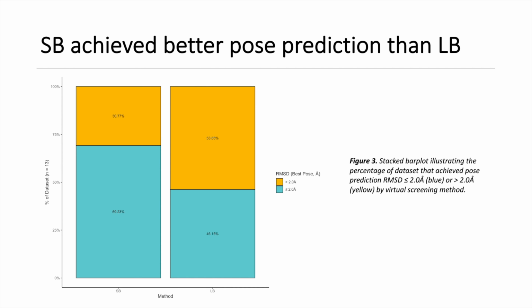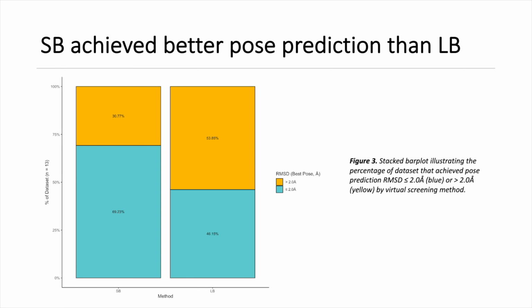In further detail, the percentage of the dataset with RMSD above or below 2 angstroms for each screening method is summarized in Figure 3. Here, the x-axis illustrates screening method and the y-axis illustrates percentage of dataset, where blue is the percentage of the dataset that achieved an RMSD below 2 angstroms, and yellow is the percentage of the dataset with an RMSD above 2 angstroms.